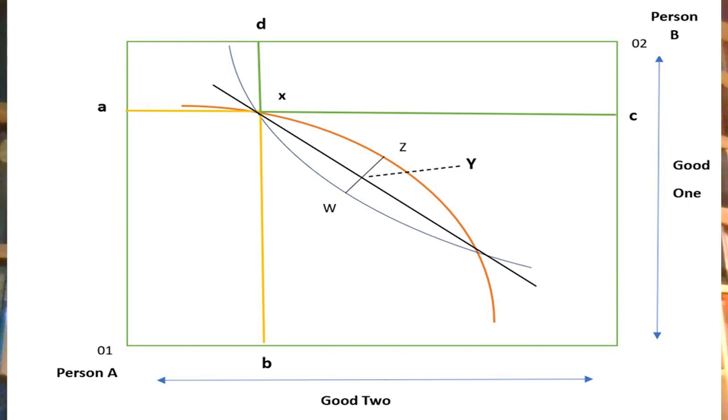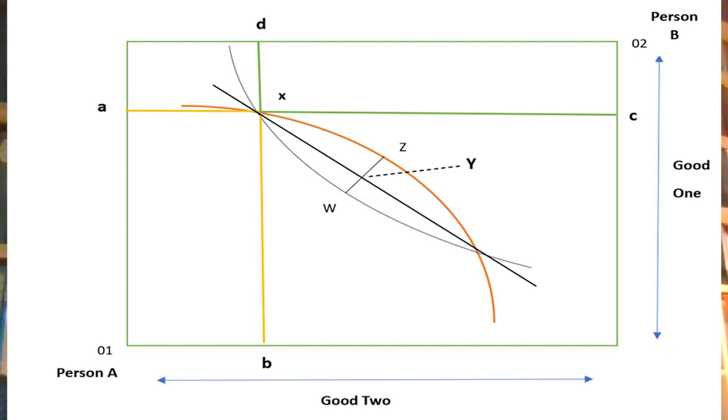How then can this diagram show power in economics? Well, look again at point X. At point X, person A has a lot of good 1, but not much of good 2, while at the same point, person B has a lot of good 2 and not much of good 1. This sets the stage for trade.